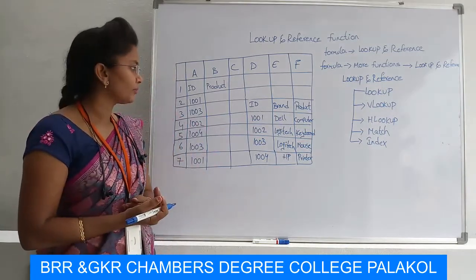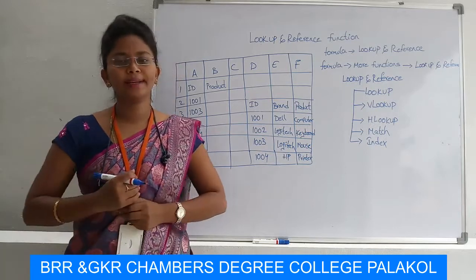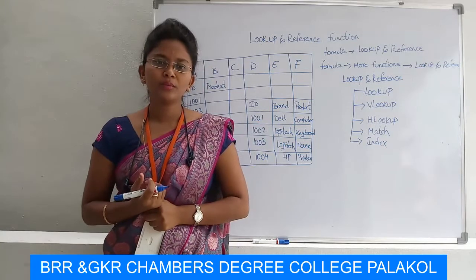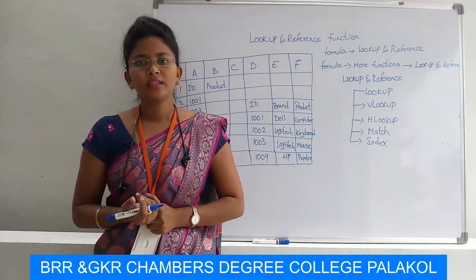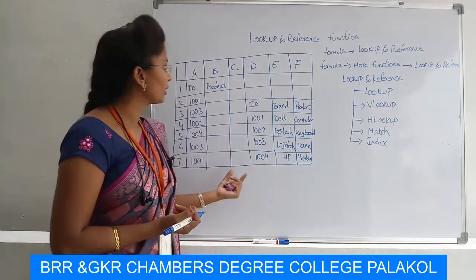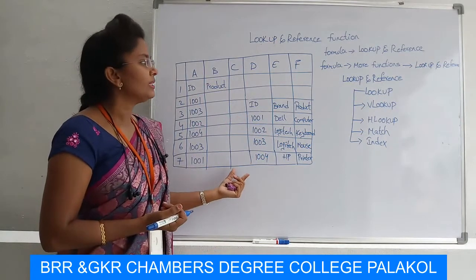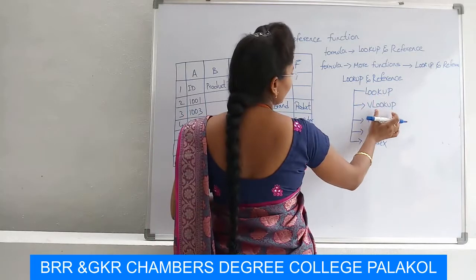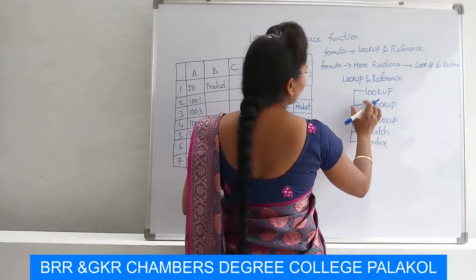After completing the data in this Excel sheet, go for the next one. In this Excel sheet, I entered some data, that is ID numbers, and then the next one is the lookup reference function. These are the lookup reference function. In this lookup reference function, we have both these two options.